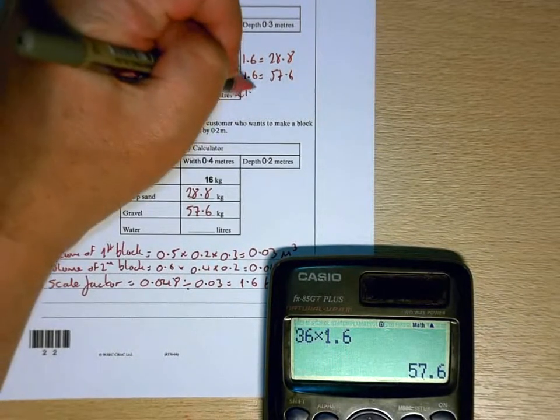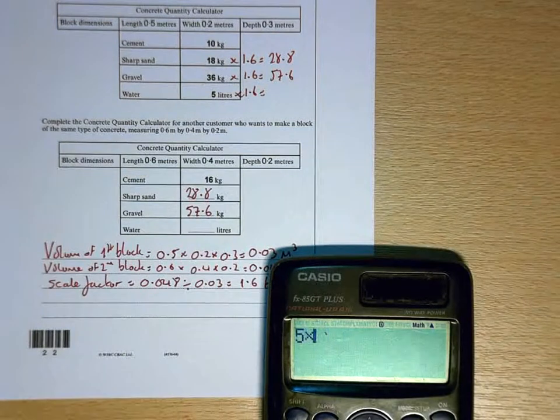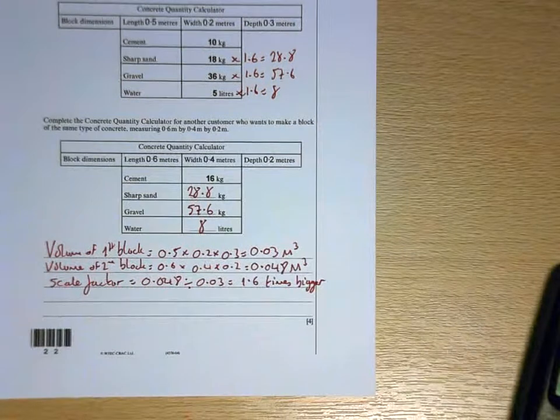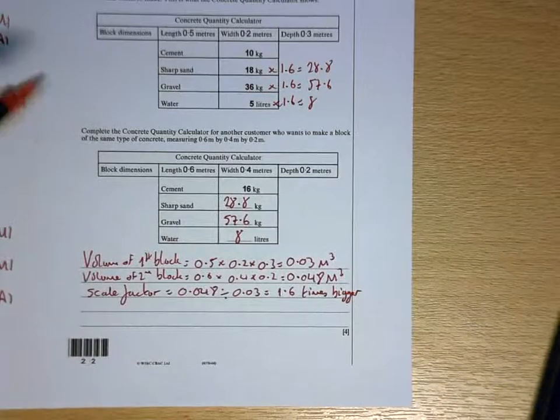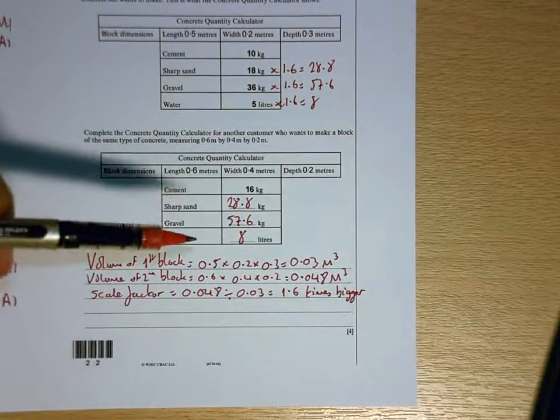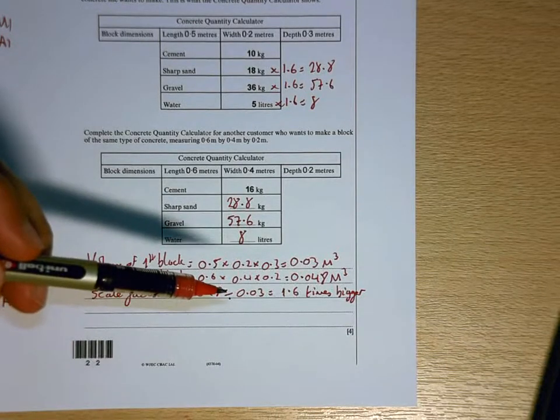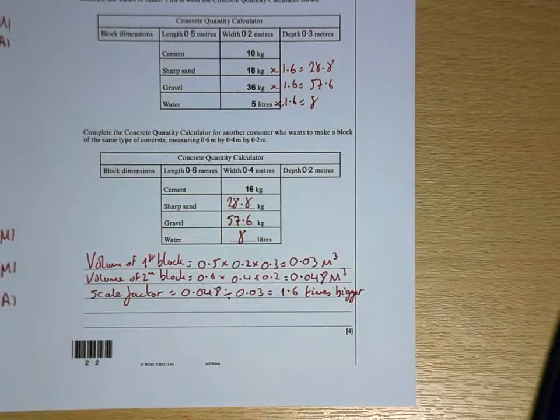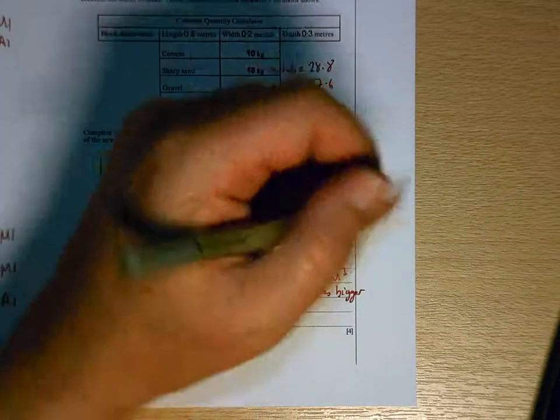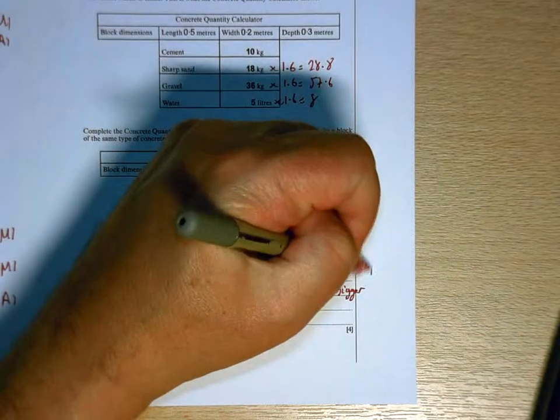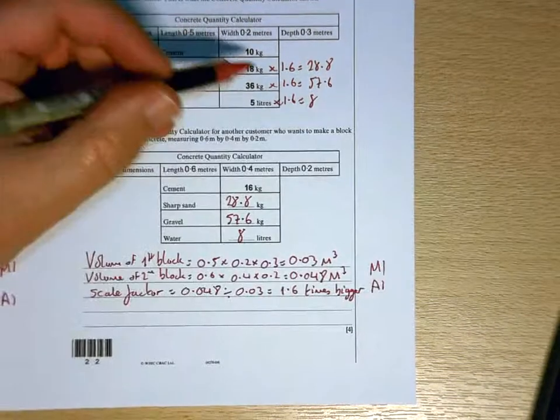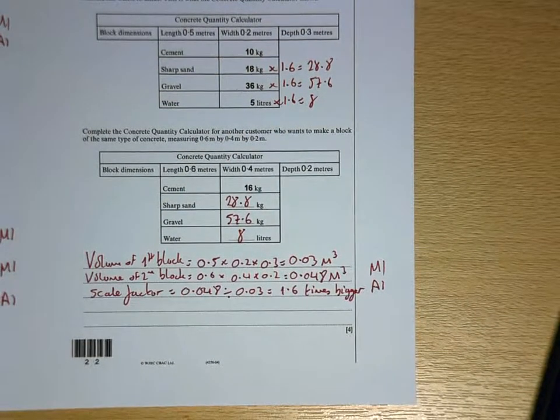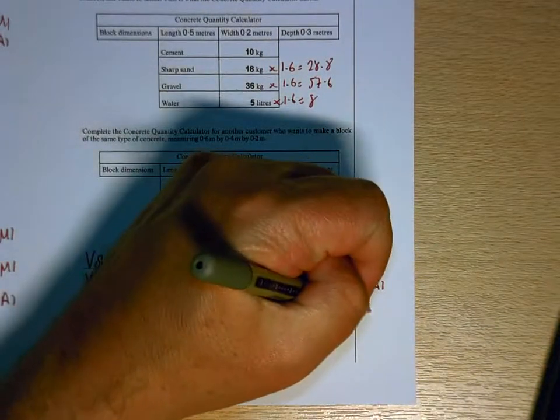And finally 5 times 1.6, 8. So everything is going to be 1.6 times bigger, so it's going to be that times 1.6, that times 1.6, that times 1.6. So you're going to get 2 marks for working out the scale factor, and then 2 marks for working out the different values.